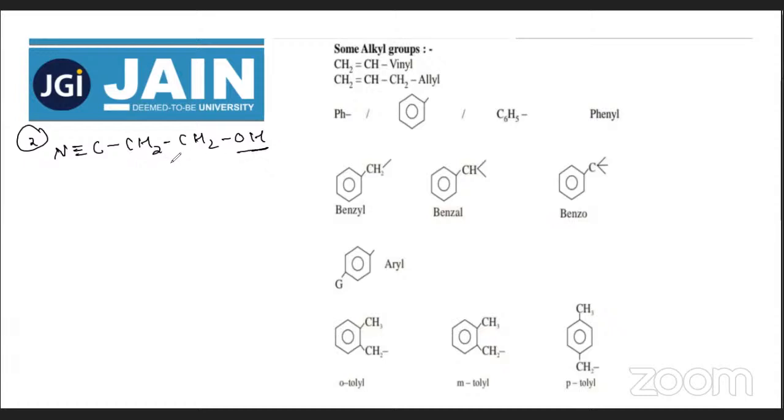On second group, on which group? The C. This carbon I can't count. If you remember, as a rule, except CHO, I can't count CN. So the C of this carbon will not be countable. So according to that, what will be the name? Can I write it in this fashion, 1, 2? Or if I'm trying, according to the priority order, I need to give priority to OH over CN, right?